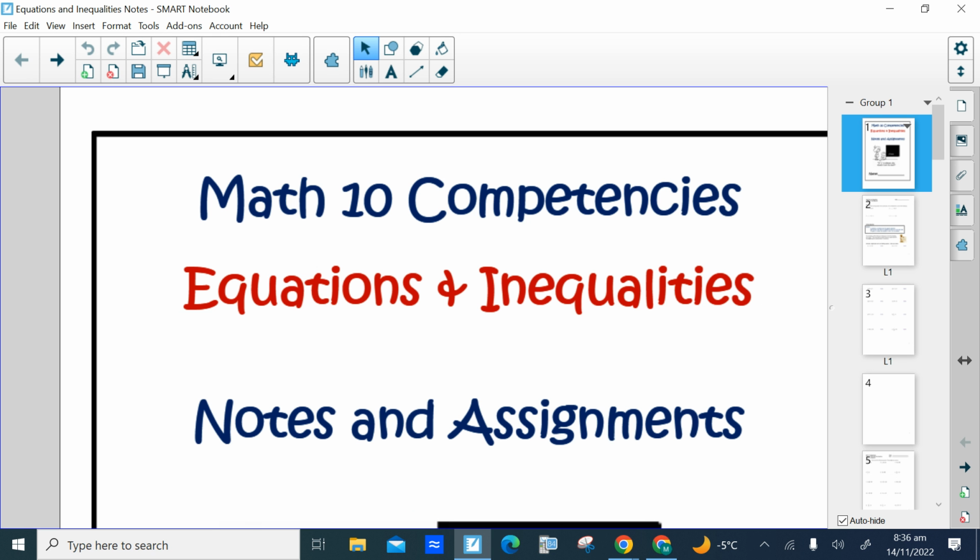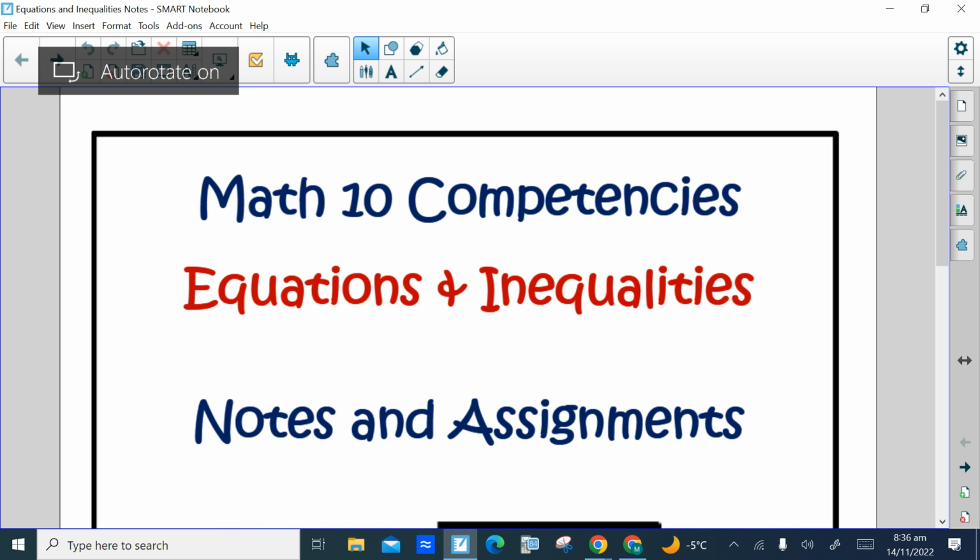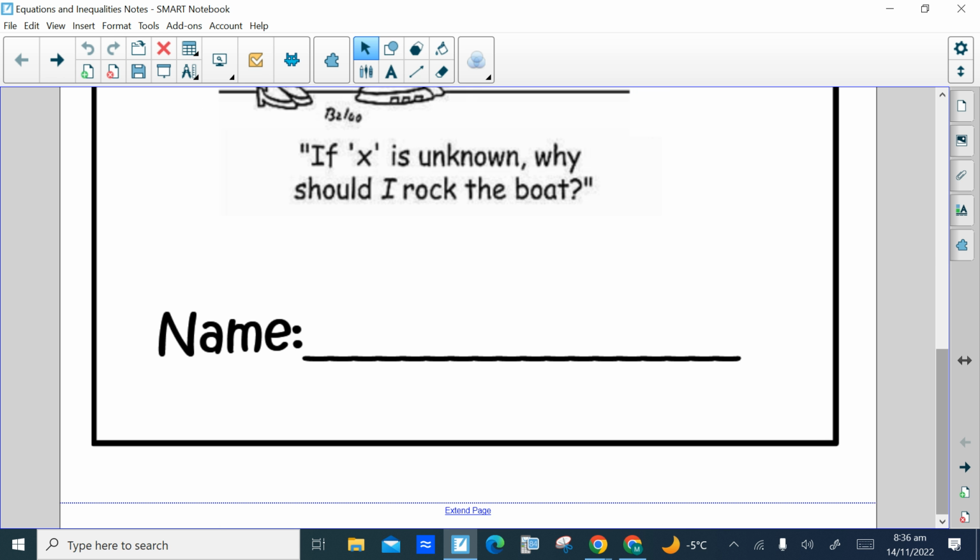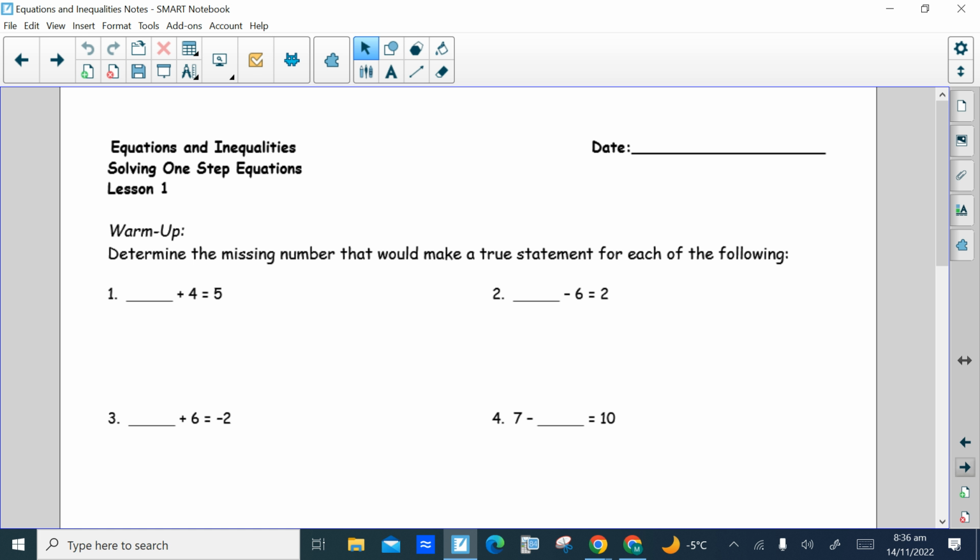Okay, so we start this next chapter today on equations and inequalities, and we'll be using some of the same stuff that we learned about in polynomials as we go through this chapter. So, we're going to look at solving equations.